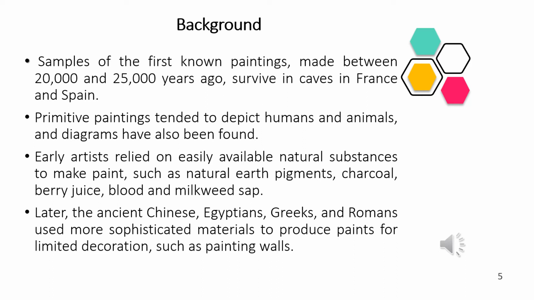They made the paints by using natural materials such as natural earth pigments, berry juice, blood, charcoal and milkweed sap. These natural substances were used to make the paint.